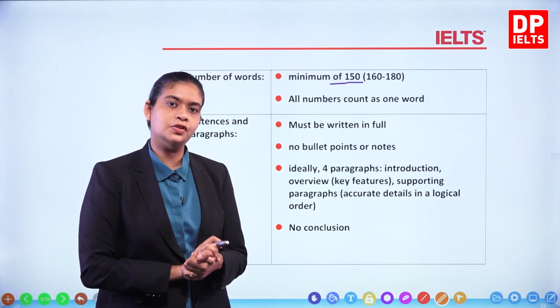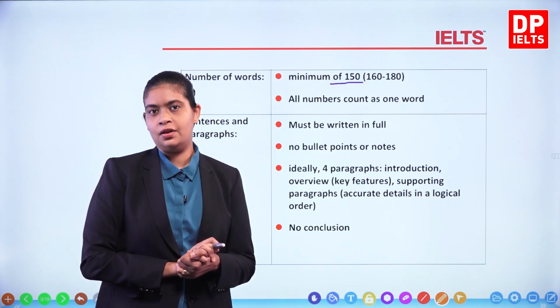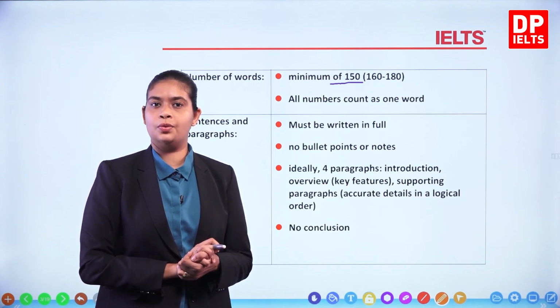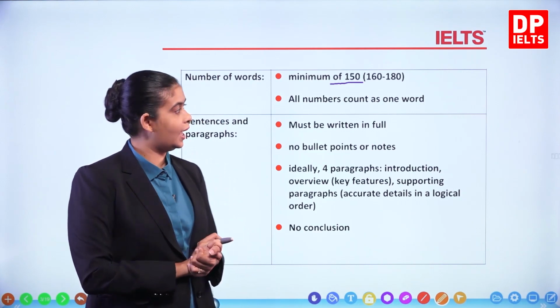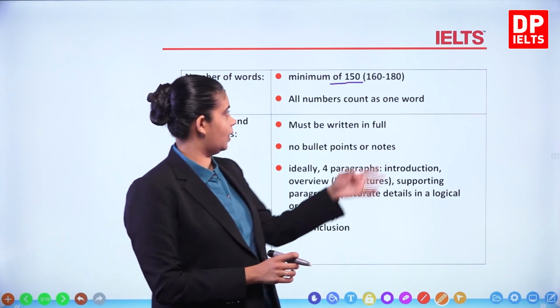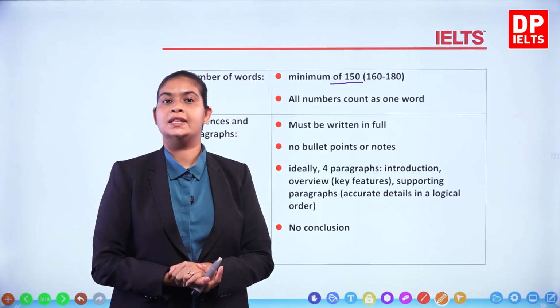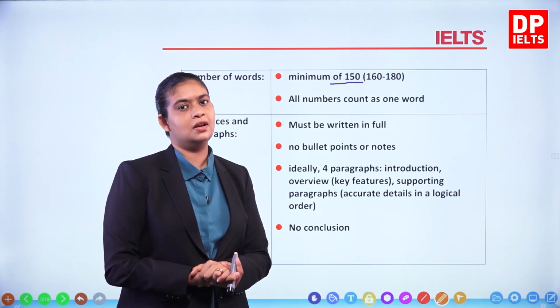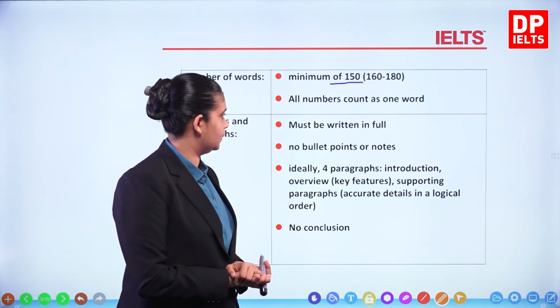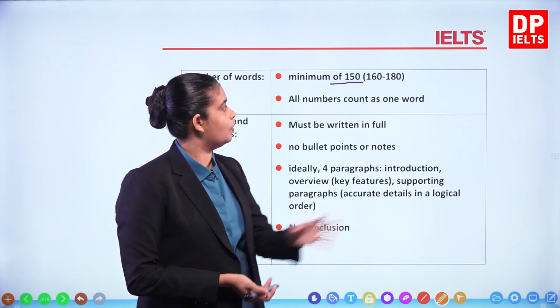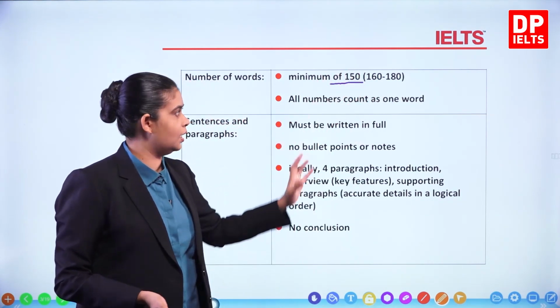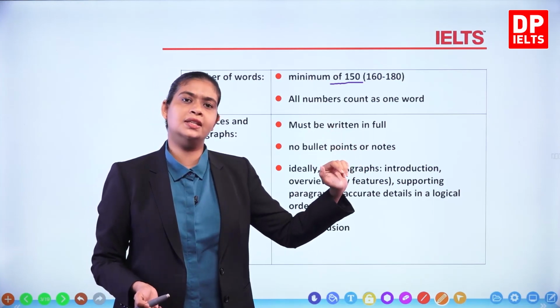Most of the students who are doing academic require a band score of 7 or above. And if you write less than 150, definitely you're not going to get a score of 7. So a range would be roughly about 160 to 180.